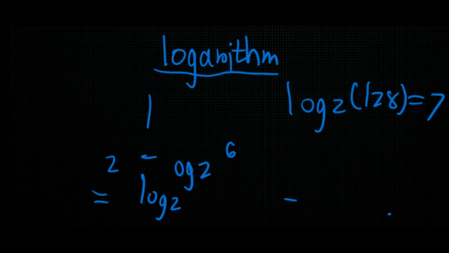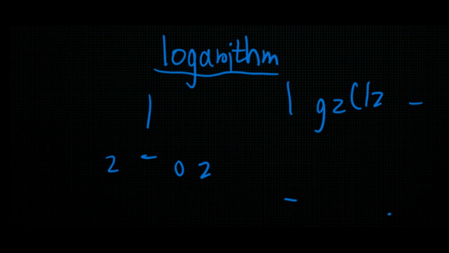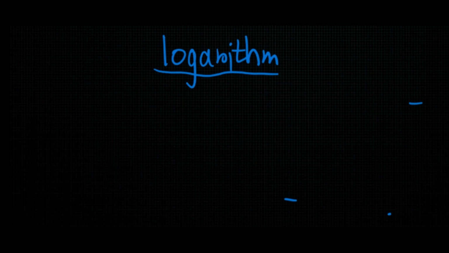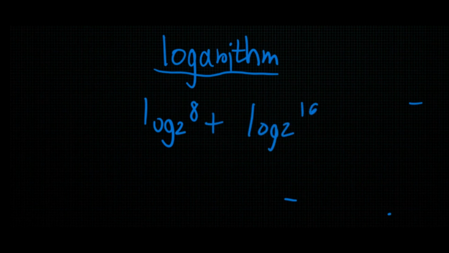Now, how can we be sure about this result? How can we prove it? Well, let's try to solve it another way. As you can see, log base 2 of 8 plus log base 2 of 16.